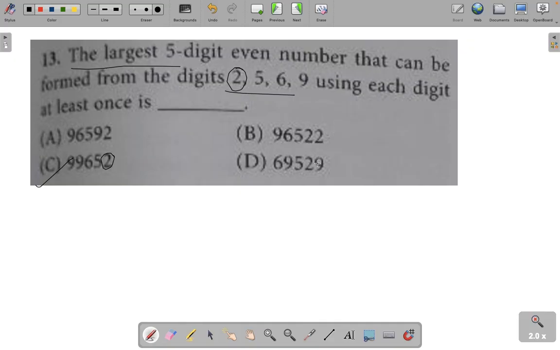Sir, 22569. But is this even? Sir, an even number we have to form.